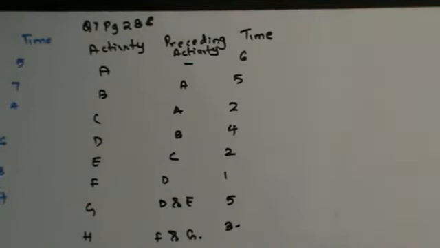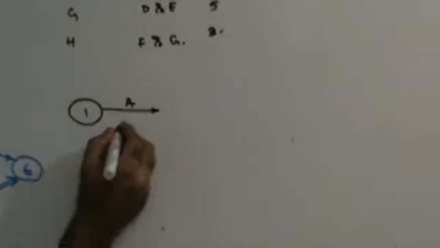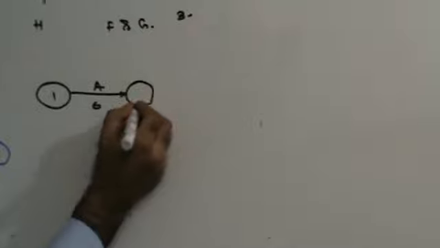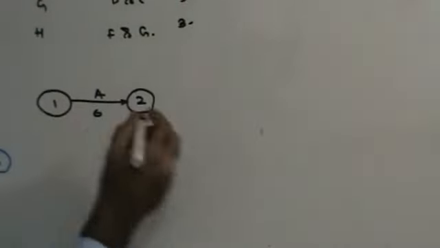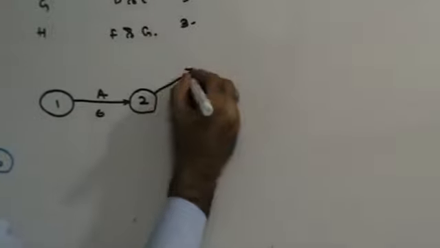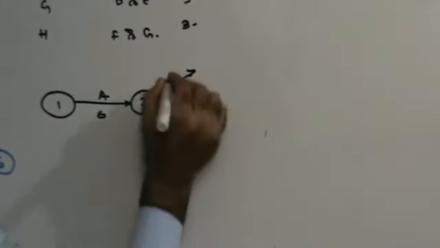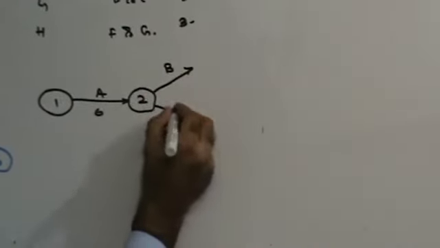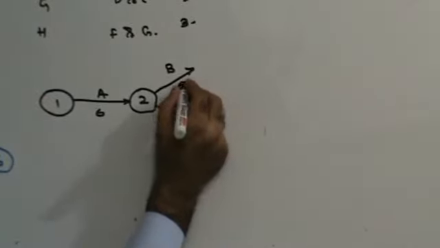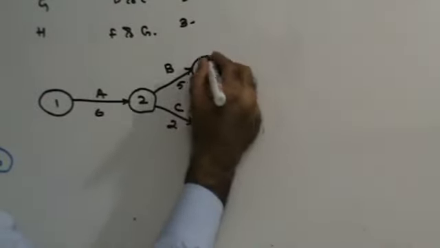There's nothing preceding A. So event 1 is going to give me A, which is of 6 days, which will lead to event 2, right? From A I have B, from A I have C. There are two activities that start after A. One is B, one is C, which are of 5 days and 2 days.